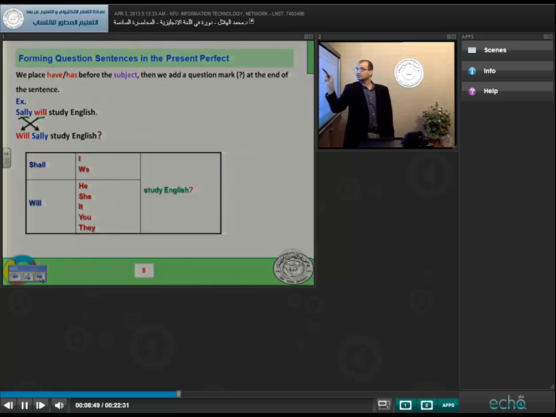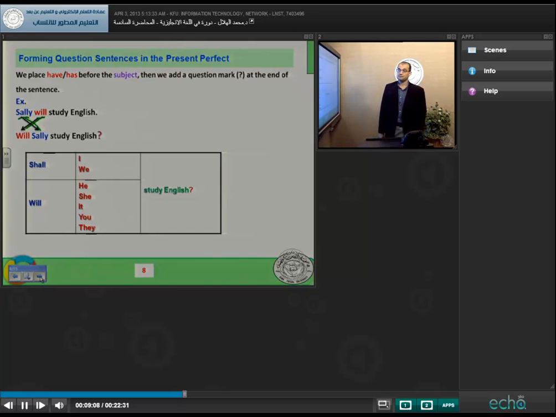So Sally will study English becomes will Sally study English? We have brought will to the beginning of the sentence followed by the subject. So we have inverted the order of the sentence. We have the modal auxiliary will at the beginning, followed by the subject, and of course we do not forget that this is a question and we add a question mark.